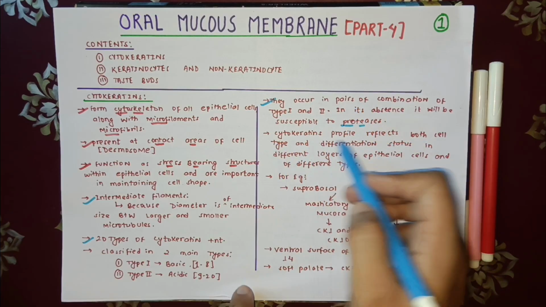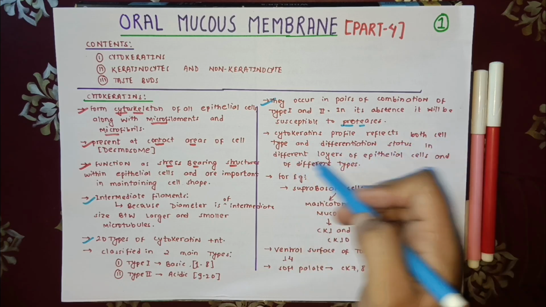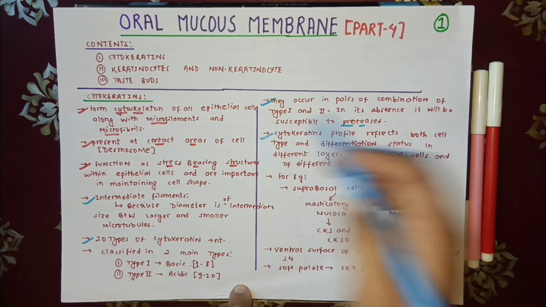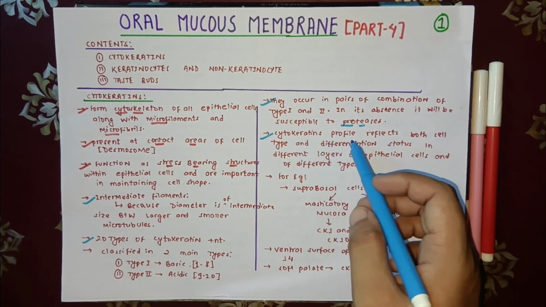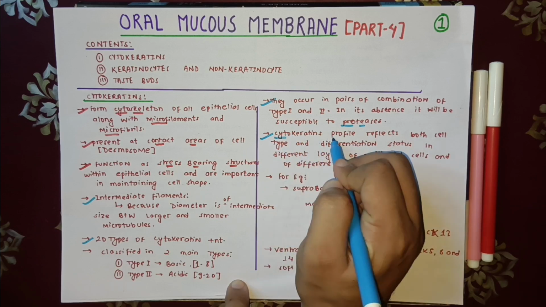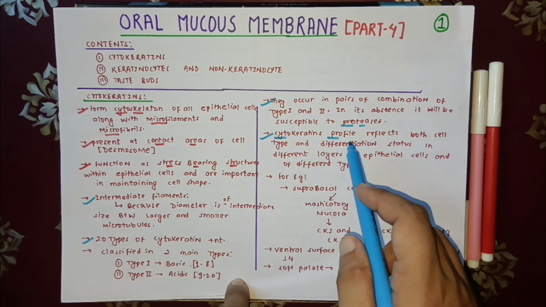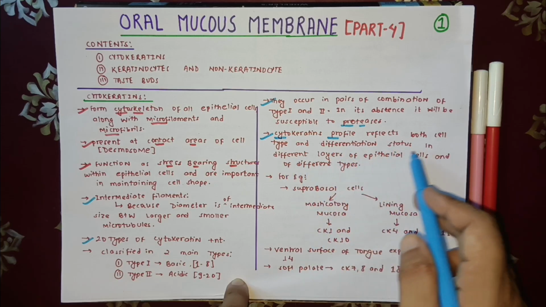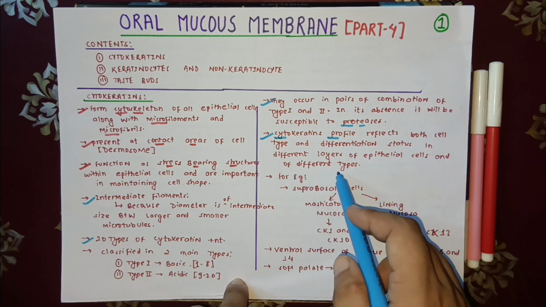After that, the cytokeratin profile reflects both the cell type and the differentiation status in the different layers of the epithelial cells and of the different types.